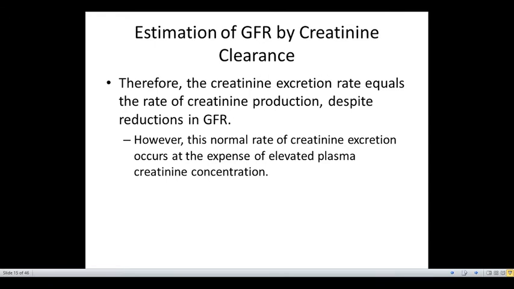Therefore, the creatinine excretion rate equals the rate of creatinine production despite reductions in glomerular filtration rate. However, this normal rate of creatinine excretion occurs at the expense of elevated plasma creatinine concentration.